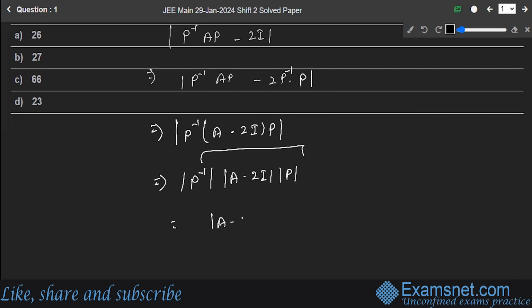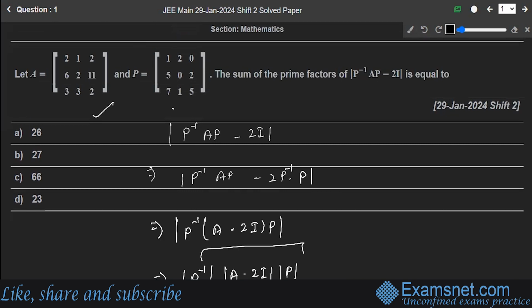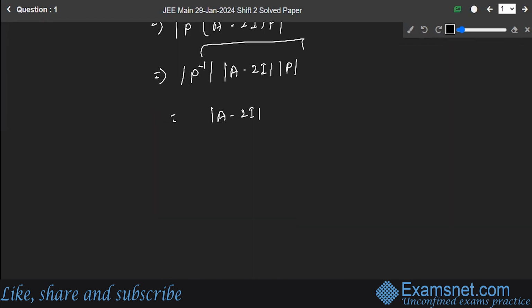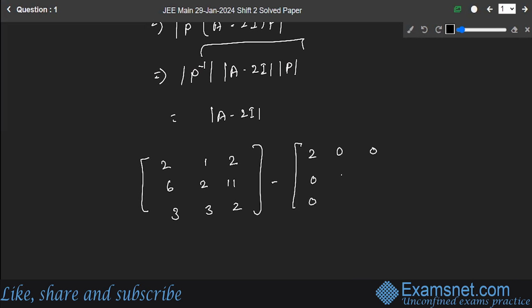So this is equal to my A minus 2I. Now simple, you have A's value as this, and I don't need P. A is given by 2, 1, 2, 6, 2, 11, 3, 3, 2, minus 2 times 2, 0, 0, 0, 2, 0, 0, 0, 2.